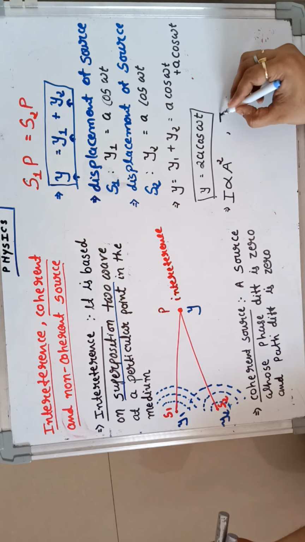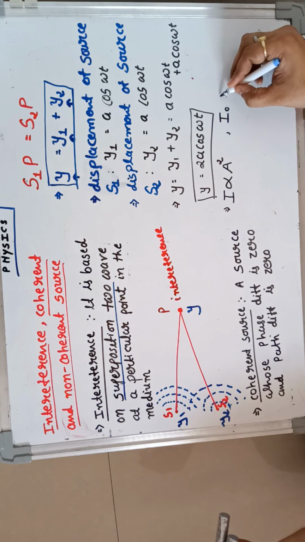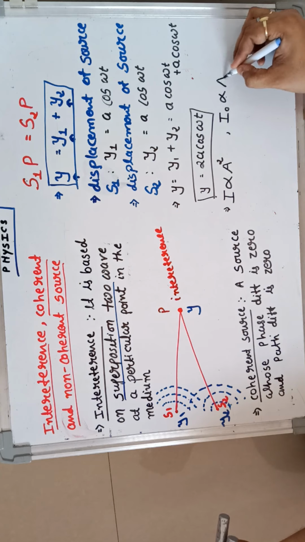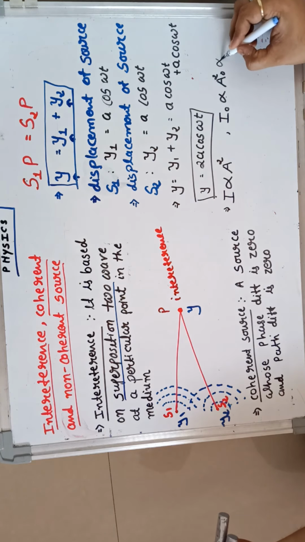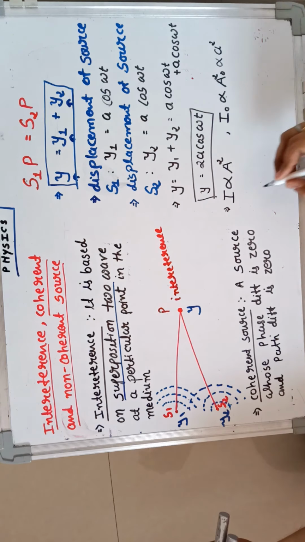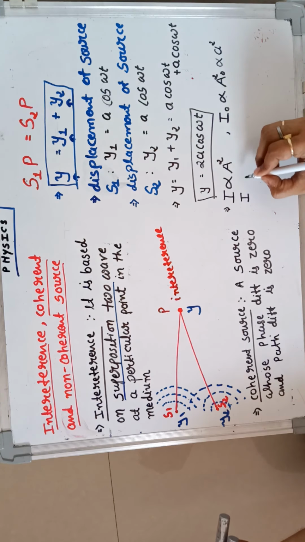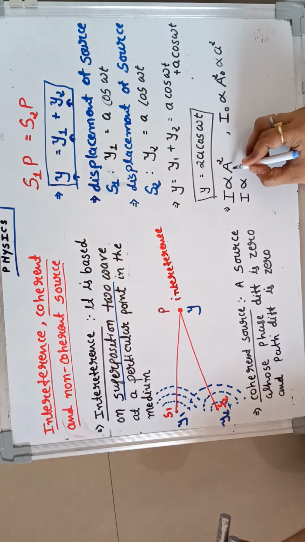Initial intensity I0 is proportional to a0 square, which I can write as a square, and here I is proportional to the final amplitude 2a, so it is (2a) whole square.